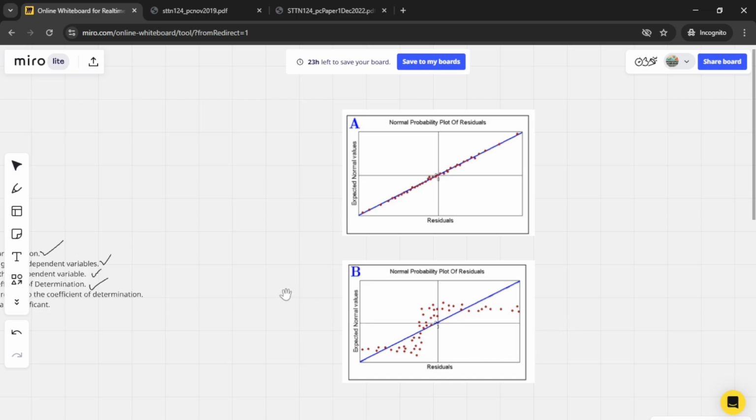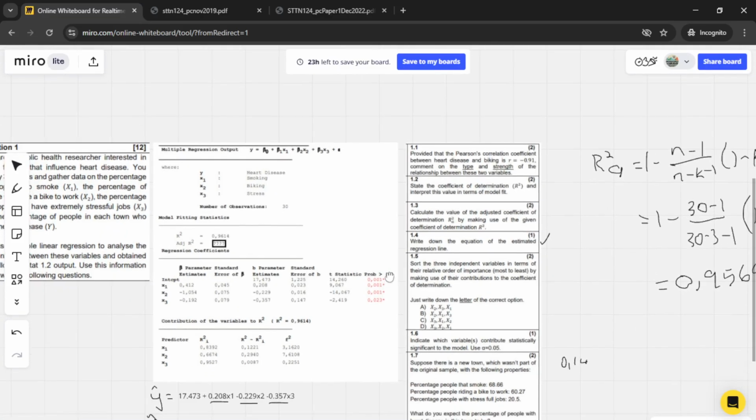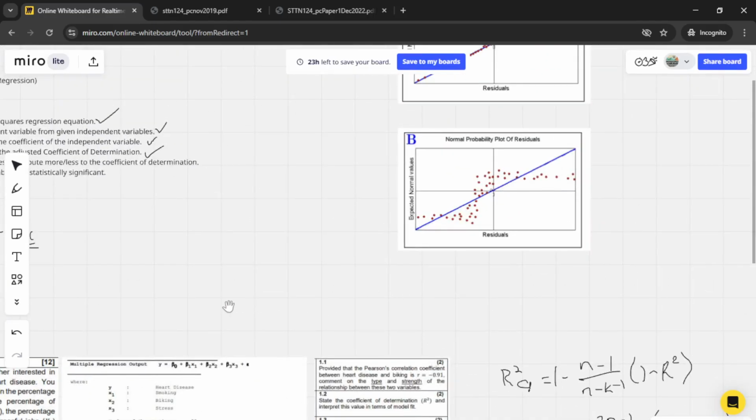And then they can ask you to calculate the residuals as well. You already know how to calculate the residuals. The residual is y minus y estimated. That is the value of the residuals. Sorry about this.